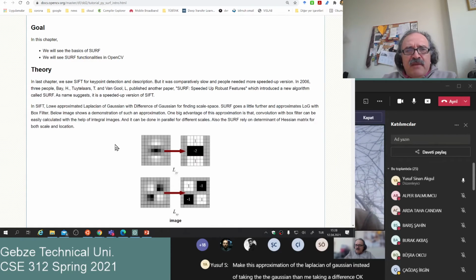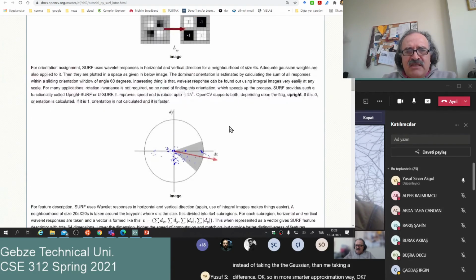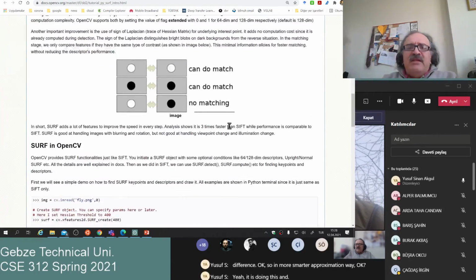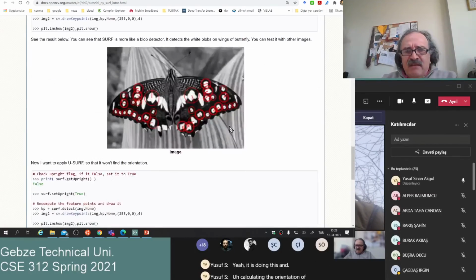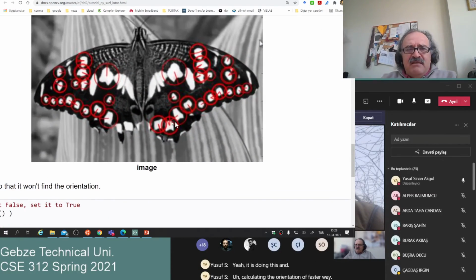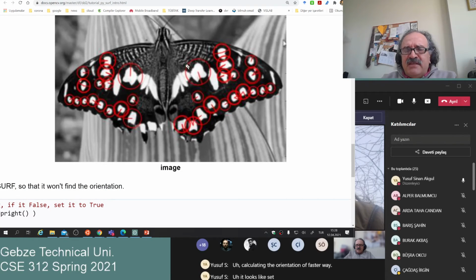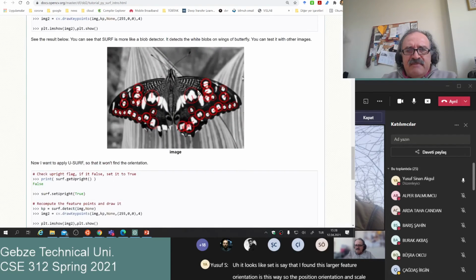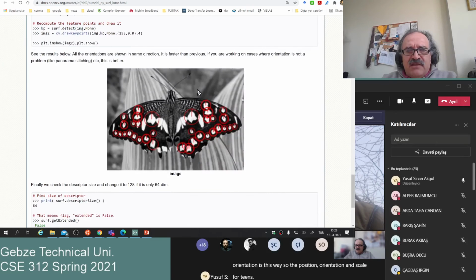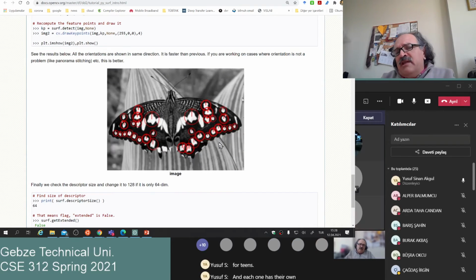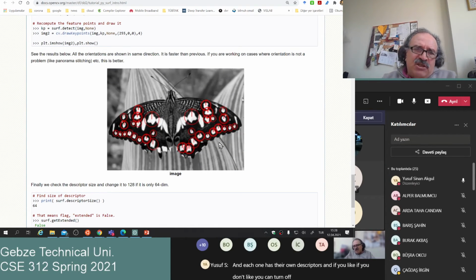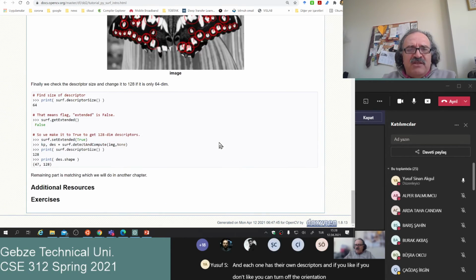So in a smarter approximation way, it is doing this and calculating the orientation in a faster way. It says that I found this larger feature, and the orientation is this way. So the position, orientation, and scale, and each one has their own descriptors. And if you don't like, you can turn off the orientation, and it will be much faster.